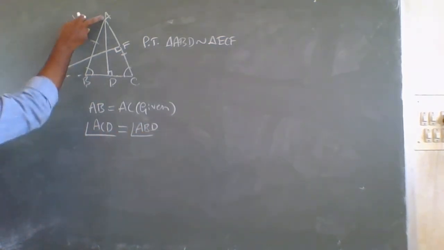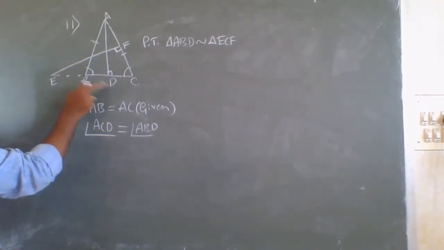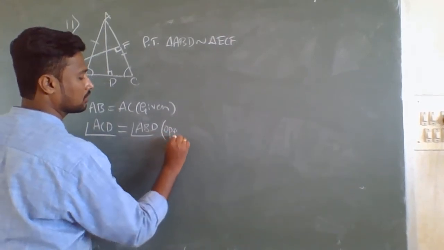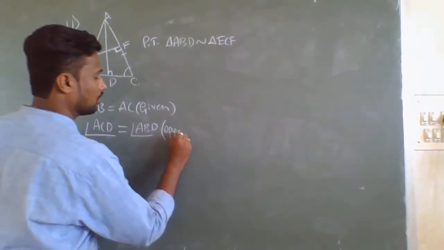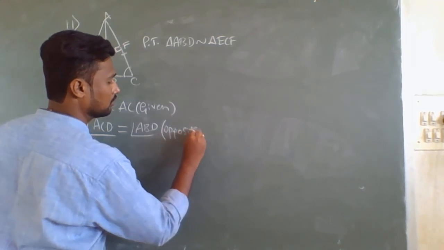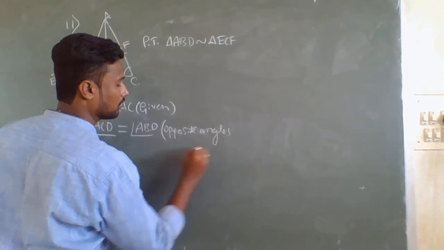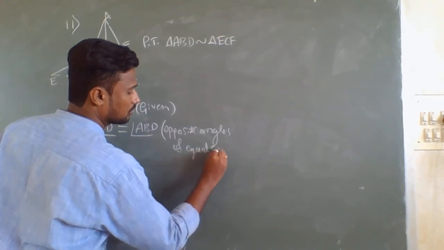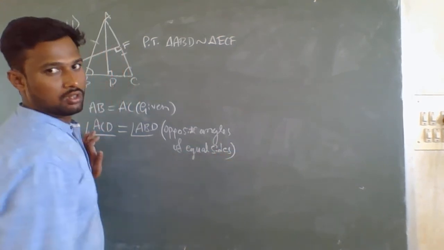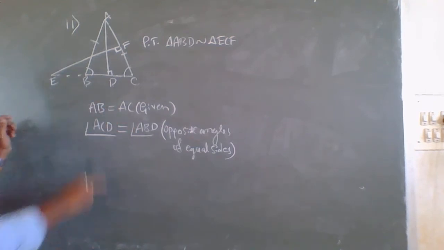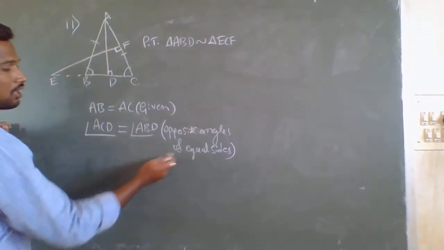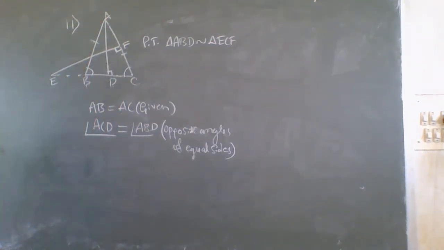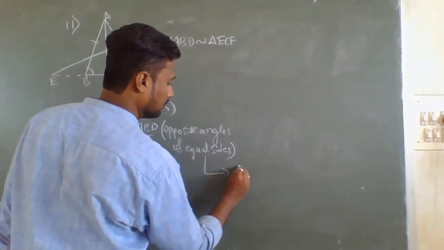These two angles, ACD and ABD, are equal because they are opposite angles of equal sides. And we know that opposite angles of two equal sides are always equal. Therefore, ACD is equal to ABD. I will consider this as 1.